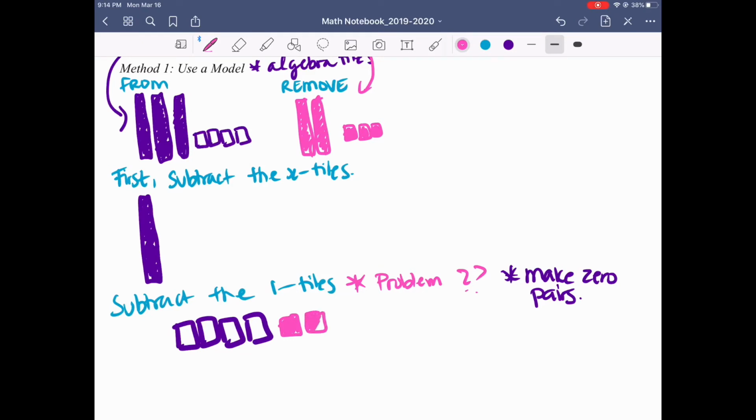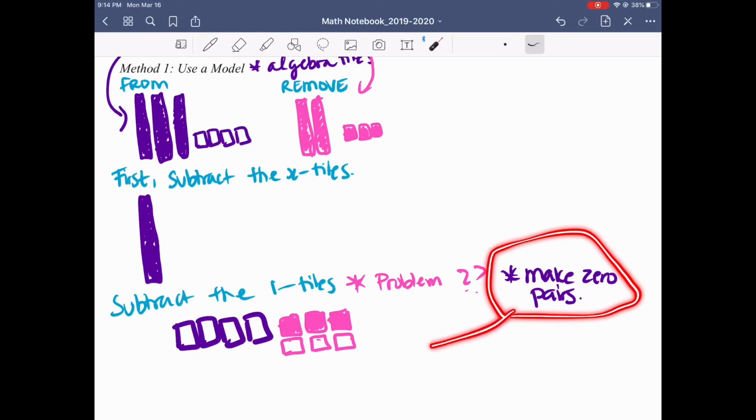Okay, we can do this. We can add them in even though they don't belong. But there's a catch. You can't just add them in as if nothing happened. You have to add them in, but if you add in 3 positives, you have to add in 3 negatives to balance it out. Okay, that's what this means right here. Make 0 pairs. I just made a 0 pair right here.